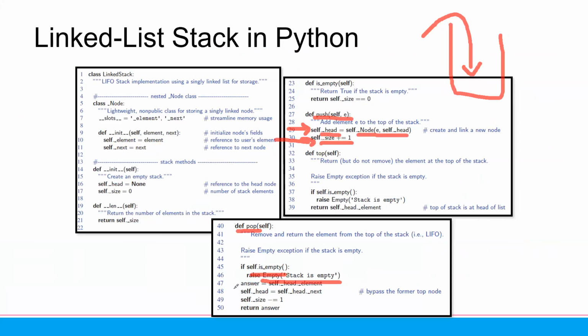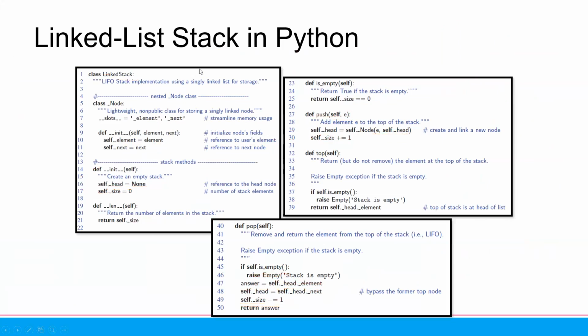If it is not empty, then let's check the head element, and then let's move the head to the next element, and the size will be minus 1. So in the linked stack, we will start with the size equal to 0 and the head is null. Yeah, that's the linked list with stack.